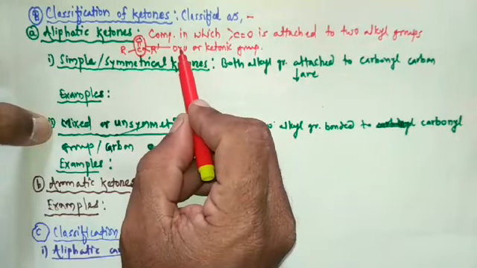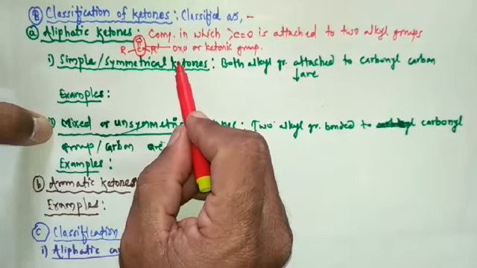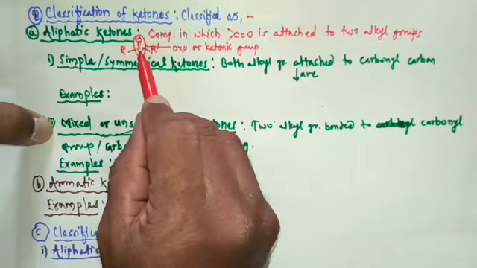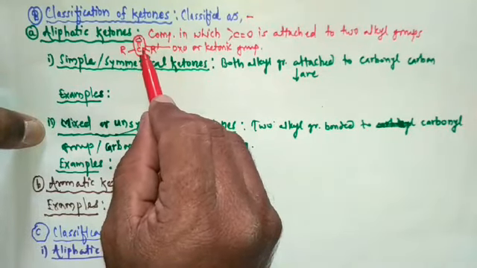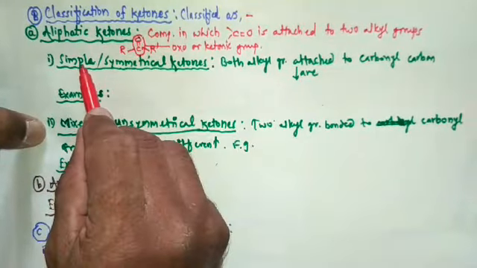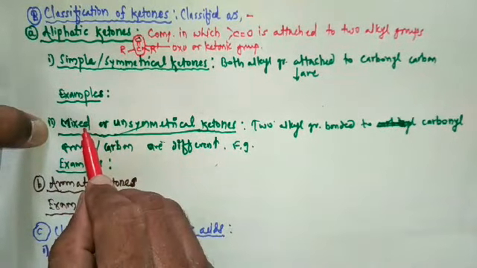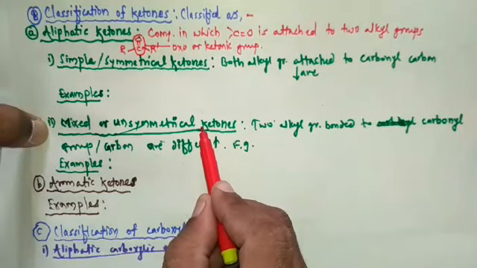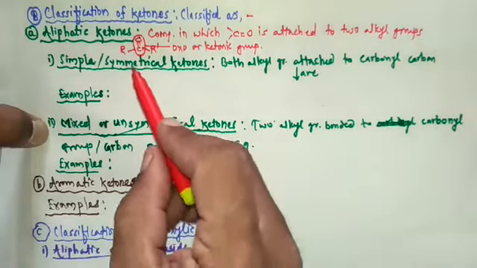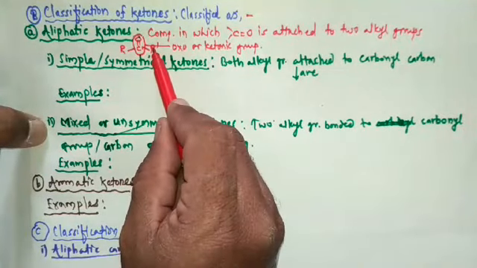On the basis of the type of alkyl groups attached to the carbonyl carbon, aliphatic ketones are further classified into two classes. The first one is the symmetrical or simple ketones, and the second one is the mixed or unsymmetrical ketones. Listen carefully.